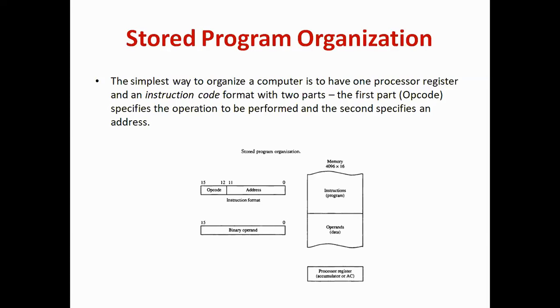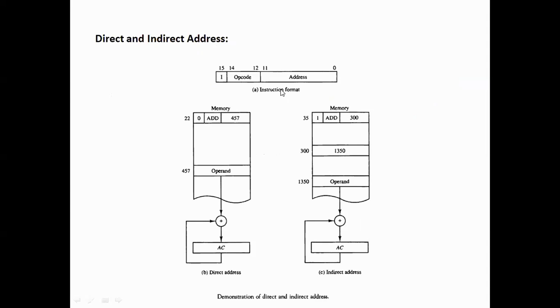But now a question arises: how will the computer know whether this address is a direct address or an indirect address? For that, obviously, we need a bit here. That is what is shown in this diagram. Usually it will have this format.